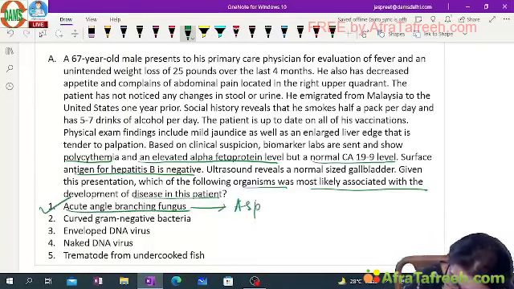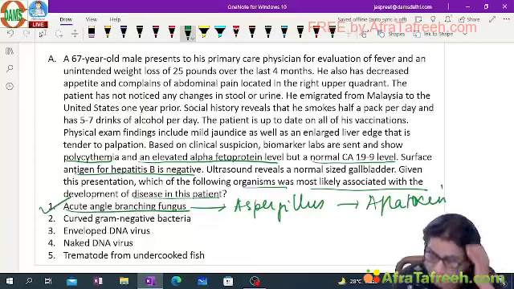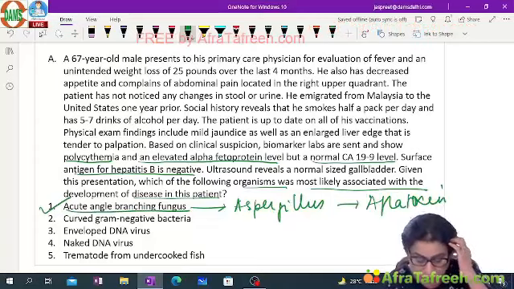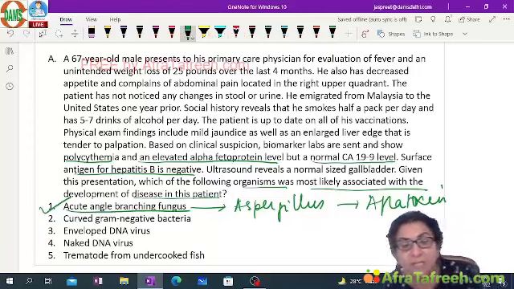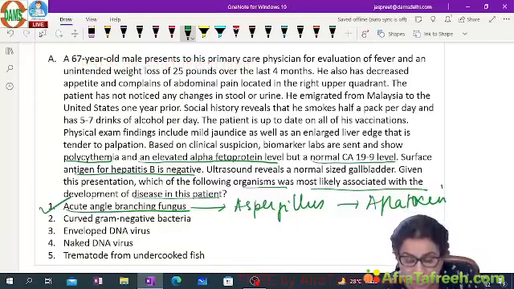This is Aspergillus, which produces aflatoxin. Adesh, the answer is not C, because the surface antigen for hepatitis B is negative. So we have ruled out hepatitis B, which is a DNA virus, as a cause for hepatocellular carcinoma.